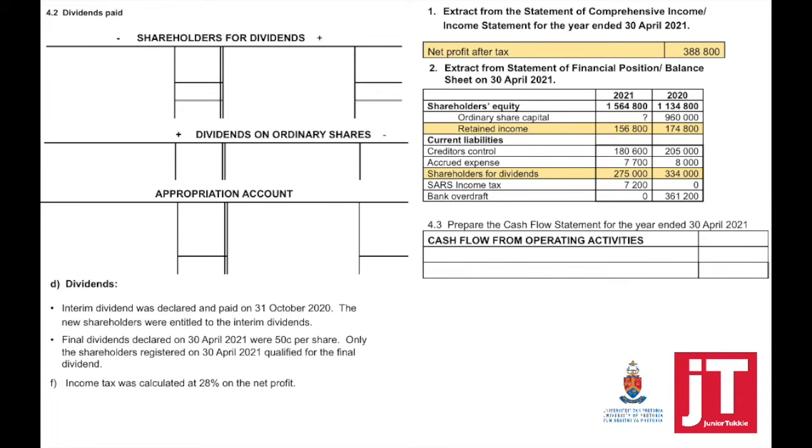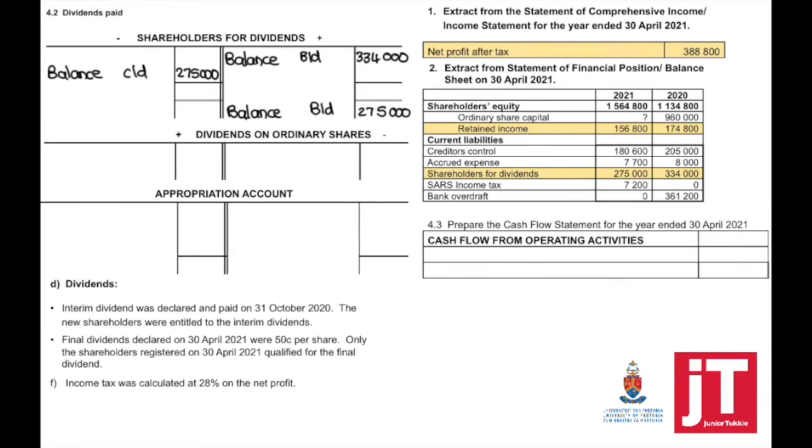Refer to your company's new transactions theory booklet if you are not 100% sure on how the ledger accounts or T accounts work when we calculate the dividends, interim dividends and final dividends recommended. Also, in that chapter, we looked at all the different ways in how the appropriation account and the retained income ledger account could be asked.